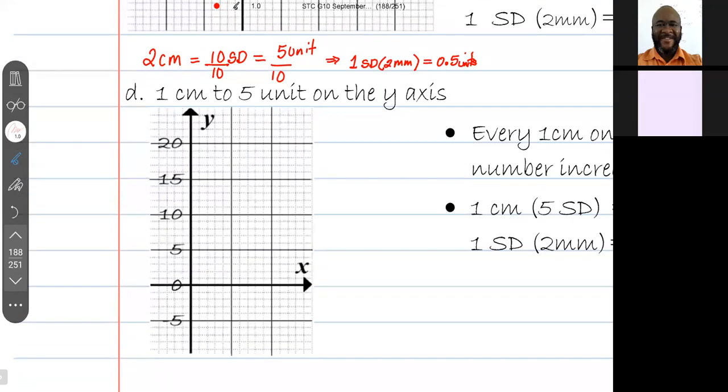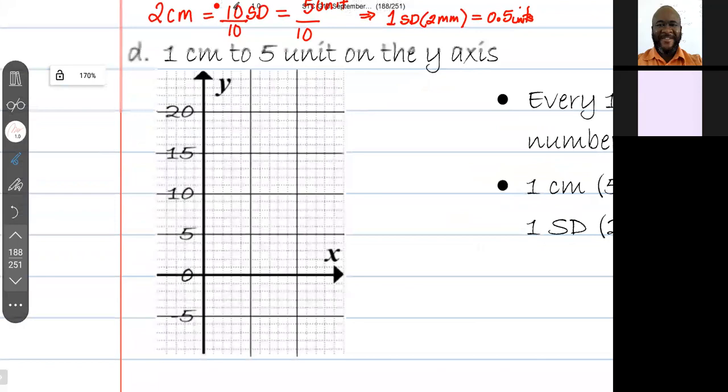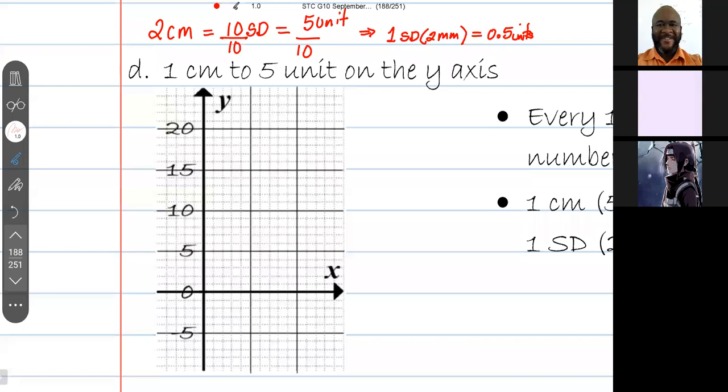So the scale is 1 centimeter to represent 5 units on the y-axis. 1 centimeter, which is 5 of the small divisions, because remember, every centimeter on your graph sheet is divided into 5 equal parts, is representing 5 units.